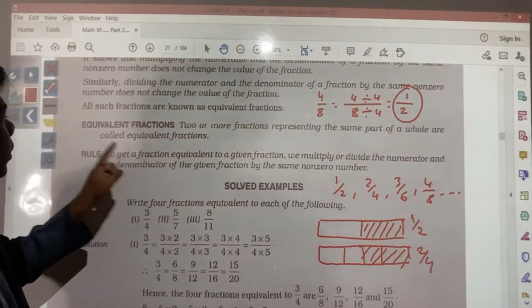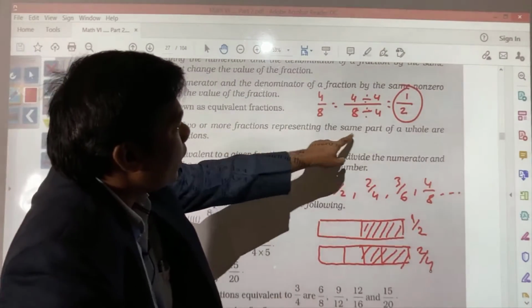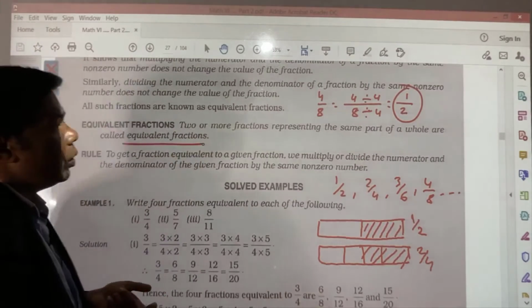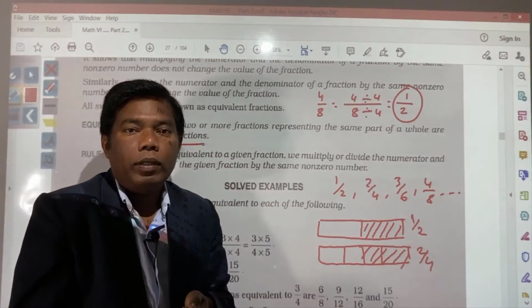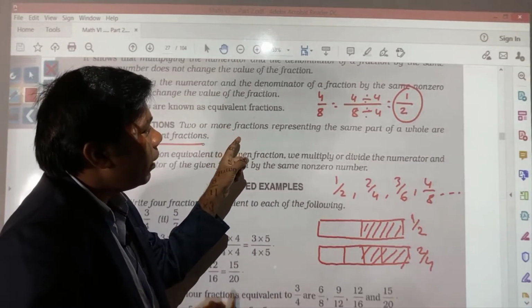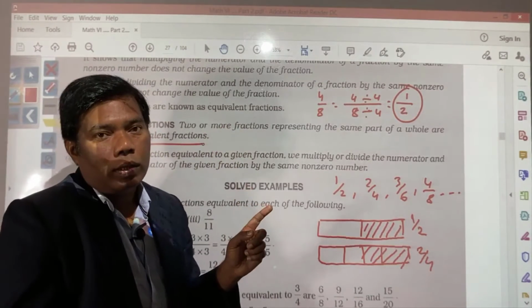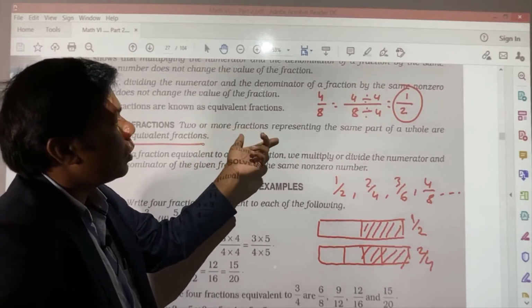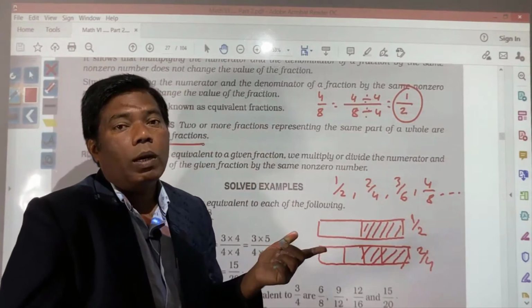So, two or more fractions representing the same part of a whole are called equivalent fractions. You must write this with an example in your copy, and you must be able to define the word. If it is asked what an equivalent fraction is, the same definition should be given. So you must remember how it is to be defined.